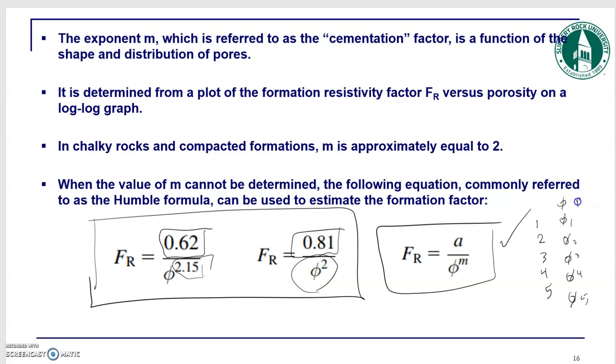What you do is measure R0 for each of these experimentally, so you have R01, R02, R03, R04, R05, and let's assume that you use the same brine, so your RW stays constant. If you do this experimental measurement, you will find different values of formation resistivity factor for each of these samples.